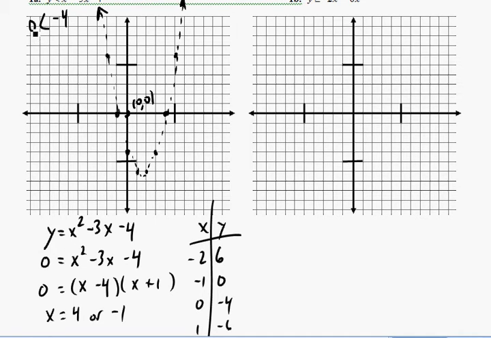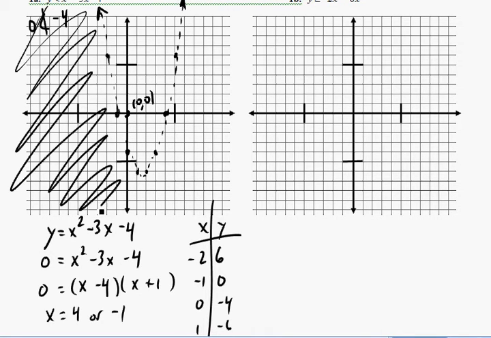Now we should ask ourselves, is this a true statement? Is 0 less than negative 4? And in fact it's not, because 0 is greater than a negative number. So that means this point that we tested does not make the inequality true, so we need to shade on the other side of the boundary, which would be outside of the parabola.